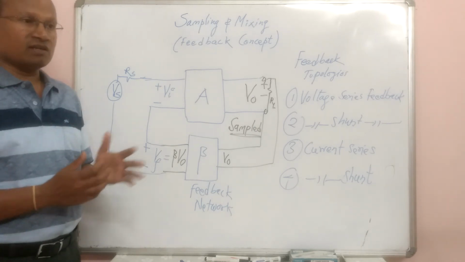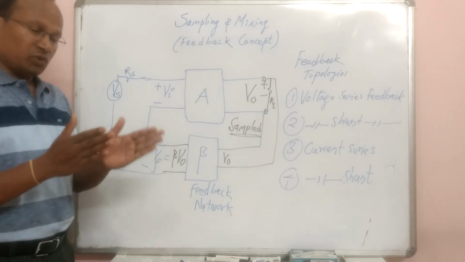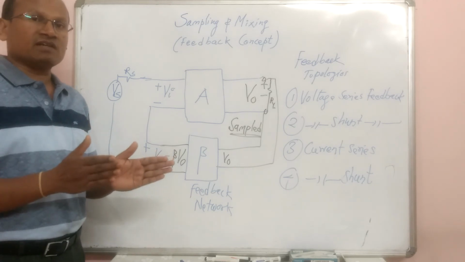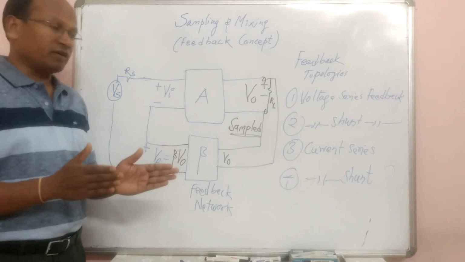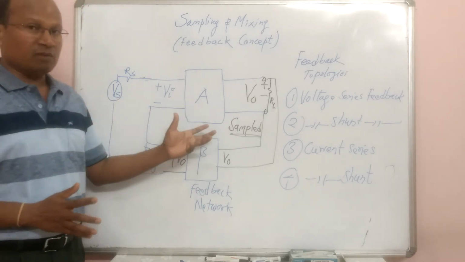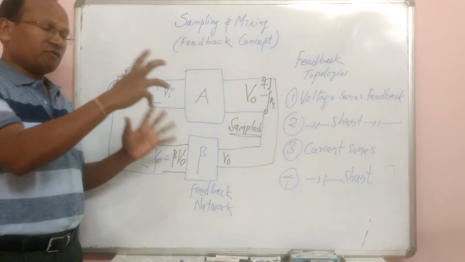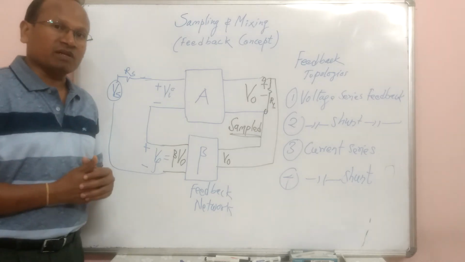Sampling and mixing are the two important stages responsible for the classification of different types of feedback topologies. Hope this will help learners in identifying and classifying different types of feedback present in different types of amplifiers. Thank you.